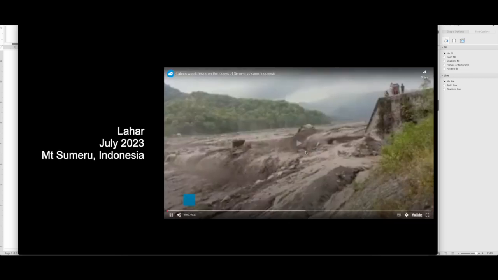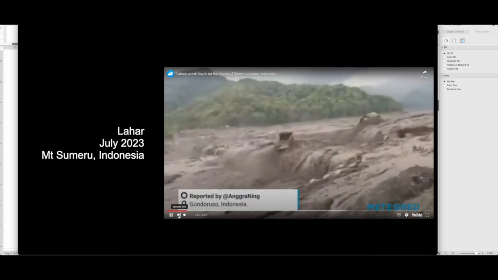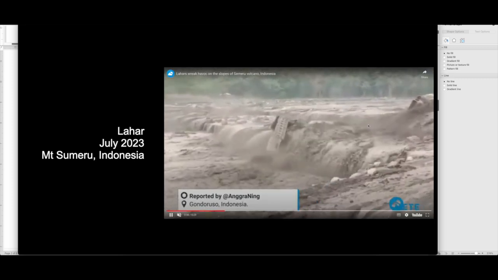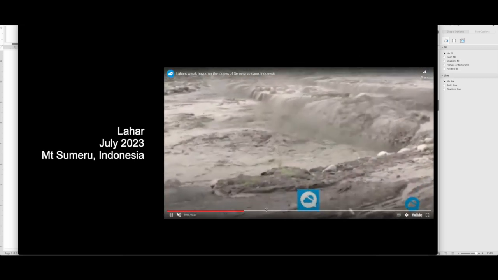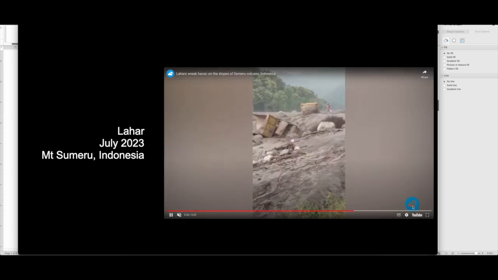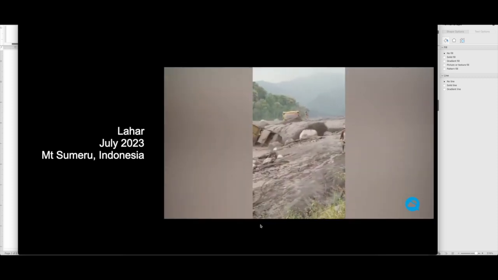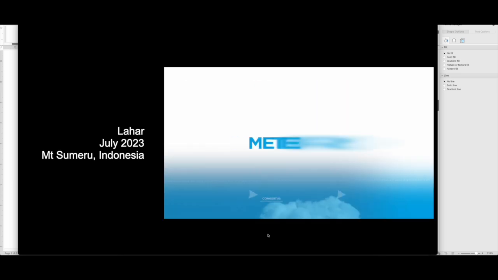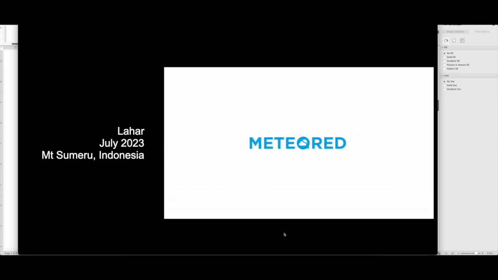Let's take a look. You don't really hear the sound because I didn't share the sound, but you can see how fast it flows, how destructive it can be. Look at how fast it flows. Yes, it's mud, it's thick, it's like cement, but because of the huge volume, it can flow very fast.